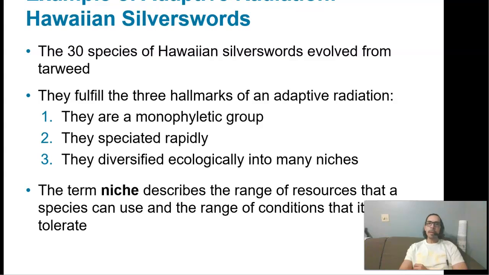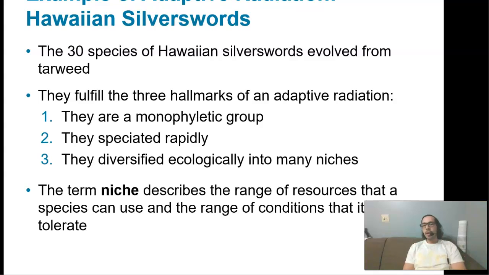An example of adaptive radiation would be the Hawaiian silver swords. There are 30 species of Hawaiian silver swords that evolved from tarweed, and they meet all three of the hallmarks of adaptive radiation. They are a monophyletic group, so they have an ancestor and all the descendants.